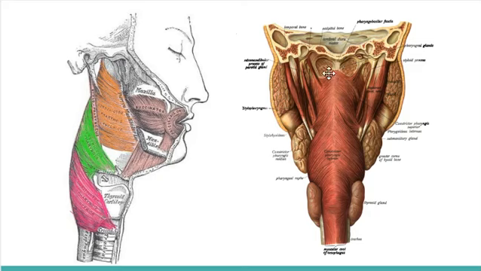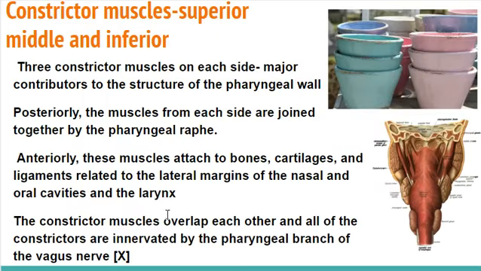This extends from the pharyngeal tubercle on the base of the skull to the level of the 6th cervical vertebra, where the pharynx is continuous with the esophagus. Now apart from that, we see that the constrictor muscles are arranged so that they overlap each other, and all of the constrictors are innervated by the pharyngeal branch of the vagus nerve.